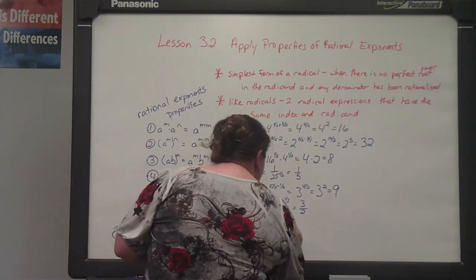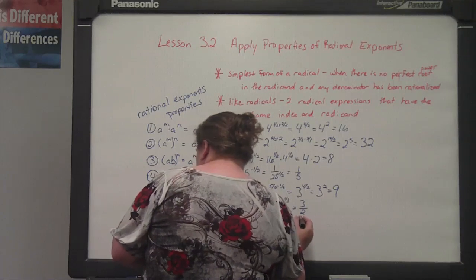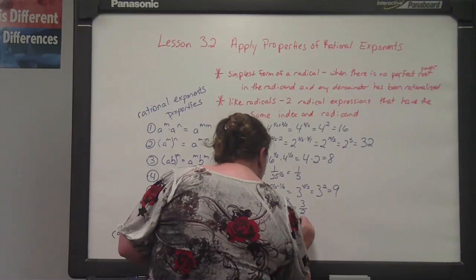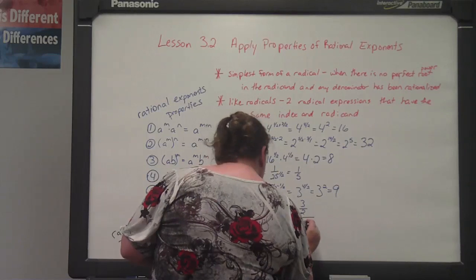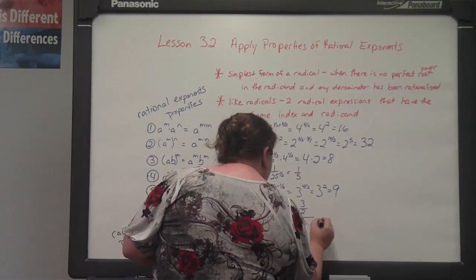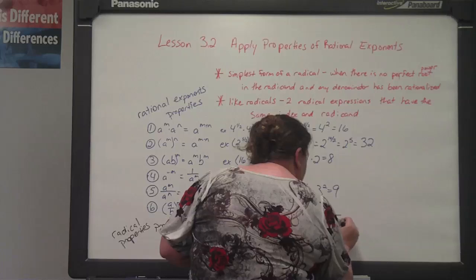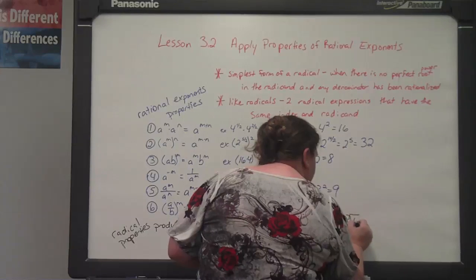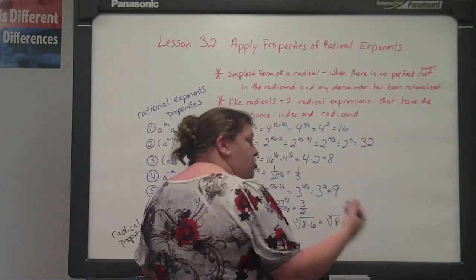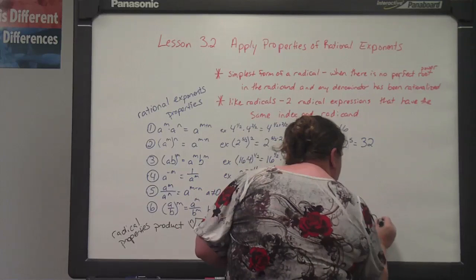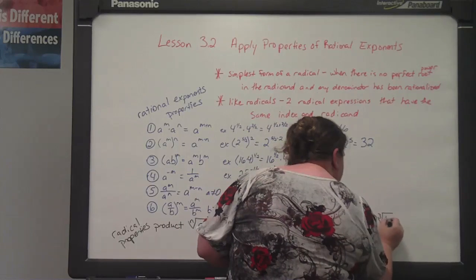So we have an example of the cube root of 8 times 6 can be rewritten as the cube root of 8 times the cube root of 6, and the cube root of 8 is 2, so our answer would be 2 cube root of 6.